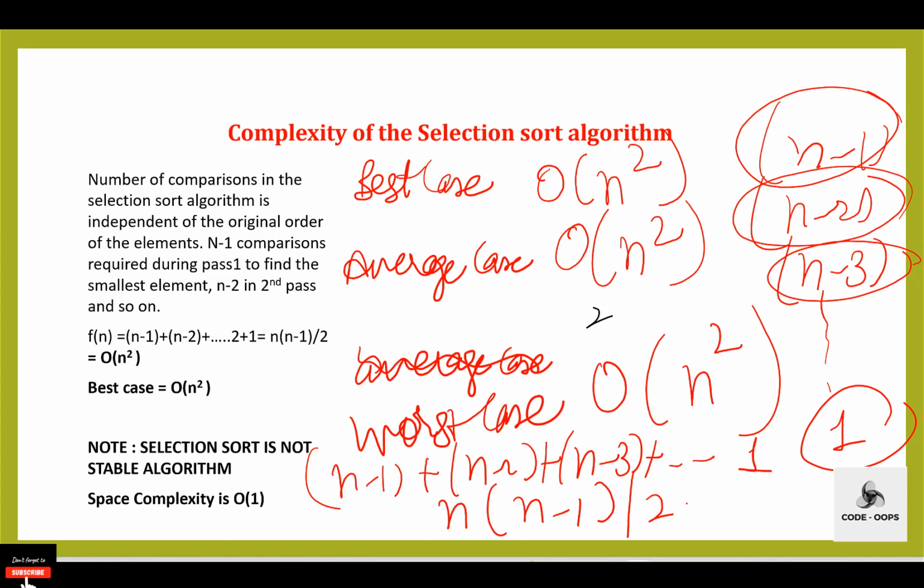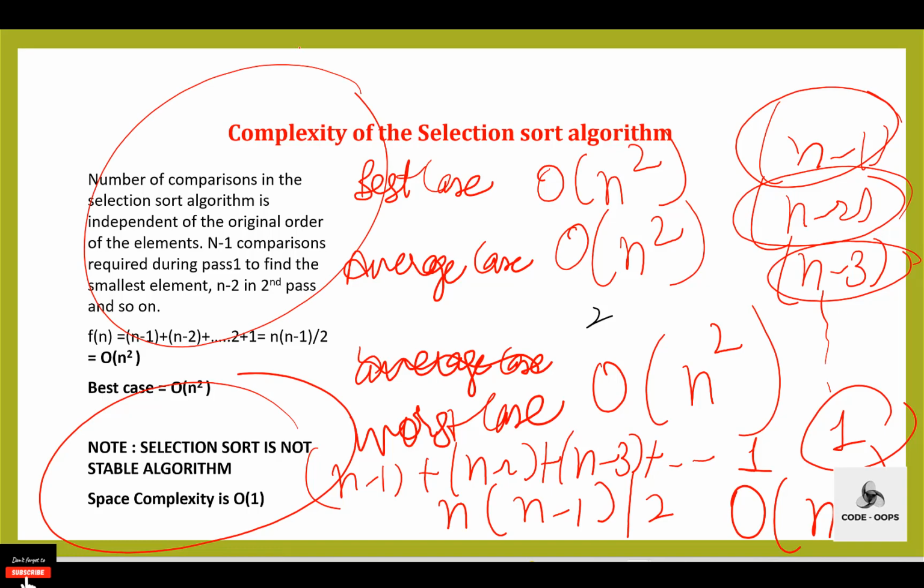That's why the resulting time complexity of selection sort is big O of n square. The space complexity of selection sort is big O of 1, as no extra space is required for the selection sort algorithm. That's why selection sort algorithm is not a stable sorting algorithm. This is all about selection sort.